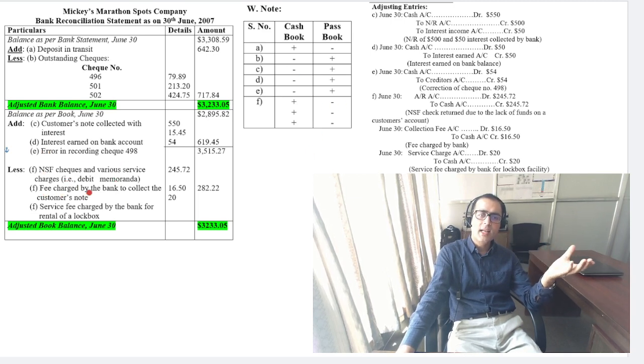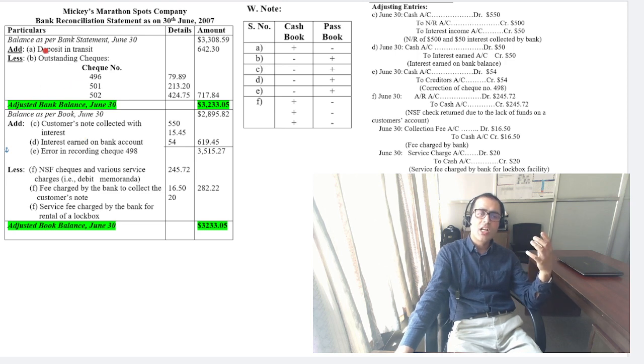Collection fee charges are again the same, while the service charges are for rental of the lockbox. But my point is that when you are preparing the BRS in an examination, look at the situation when you adjust both cases.